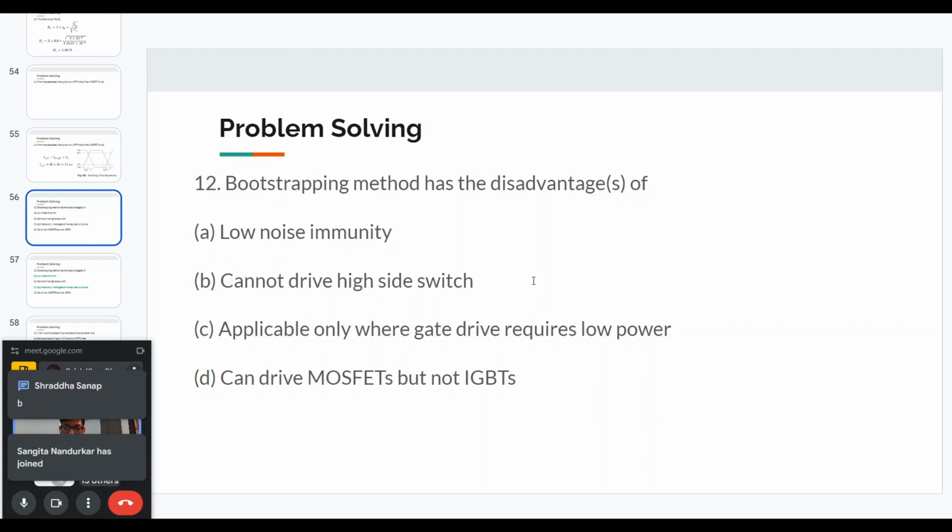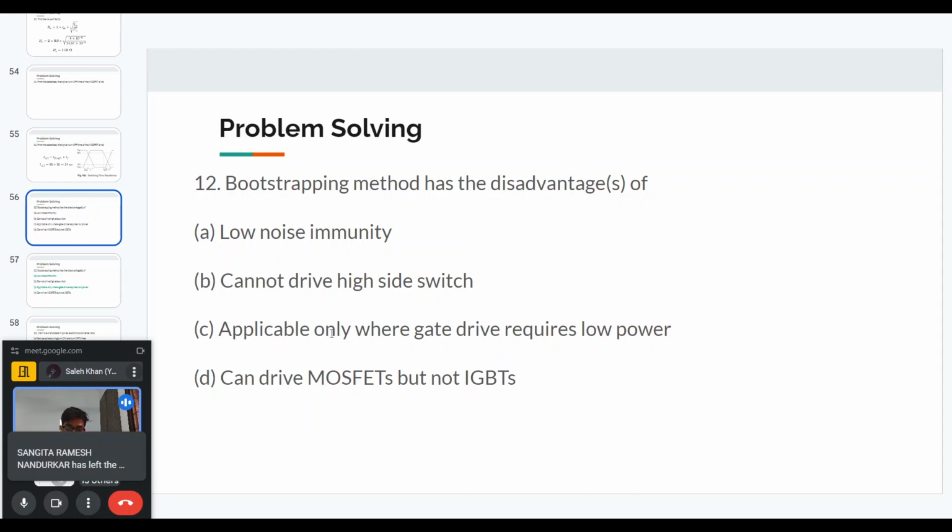So we saw that the bootstrapping method does not have isolation. That is why it leads to low noise immunity. As for the second point, the whole benefit of using bootstrapping is to drive the high side switch without the isolated DC-DC converter. So the bootstrapping method can drive high side switch, and this one is not true.